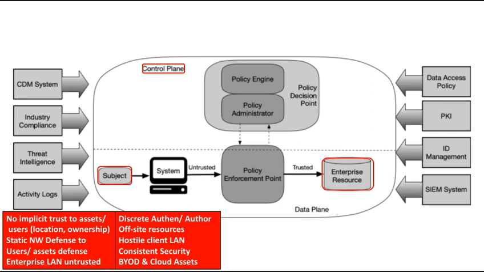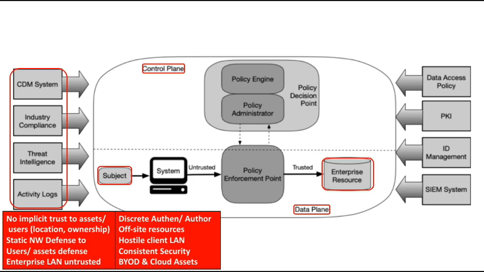So this is the control plane, and then below is the data plane. This control plane and the data plane form the core of this zero trust architecture. The control plane makes the policy decisions and the data plane implements the policy decisions of the control plane.